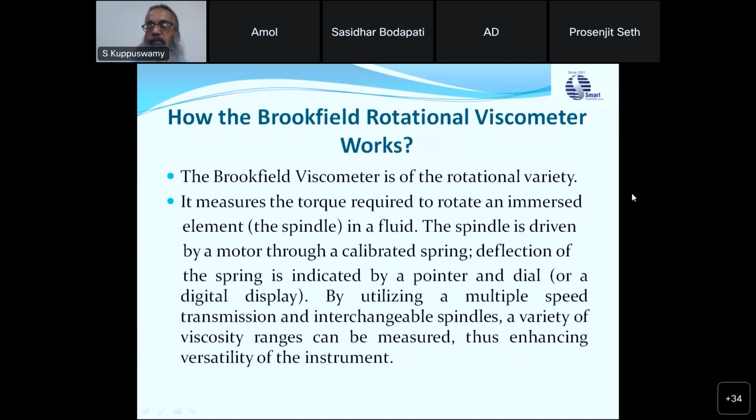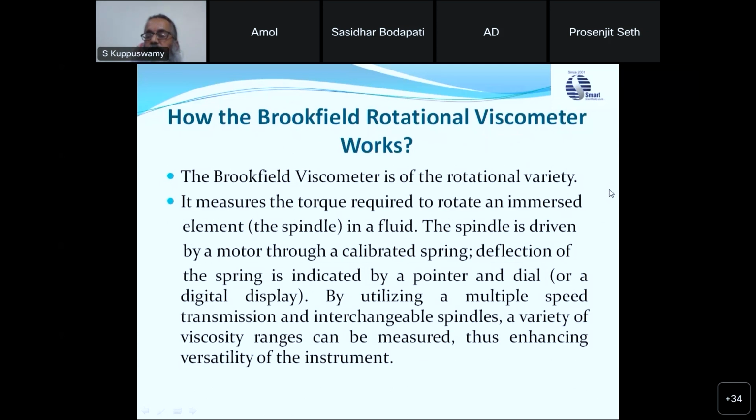So the Brookfield viscometers' principle of working is that they are all of rotational type. It measures the torque required to rotate an immersed element. The immersed element is nothing but a spindle in a fluid.